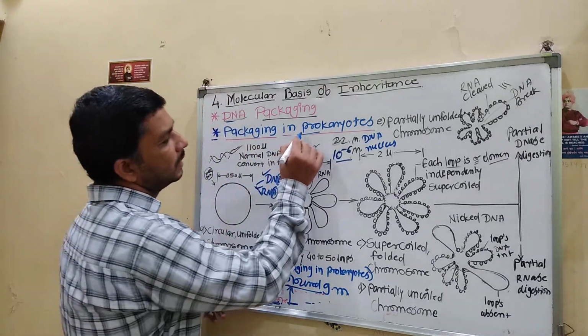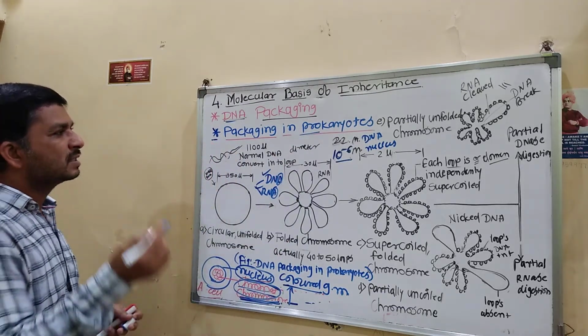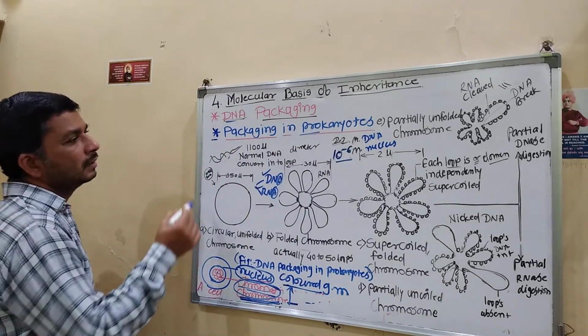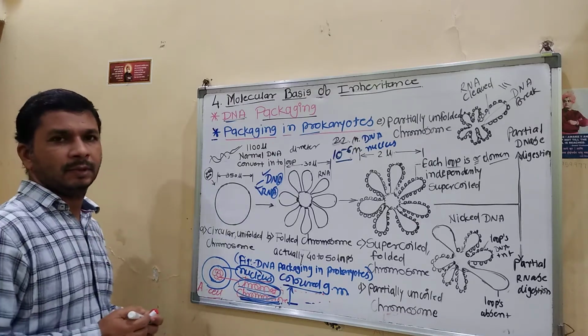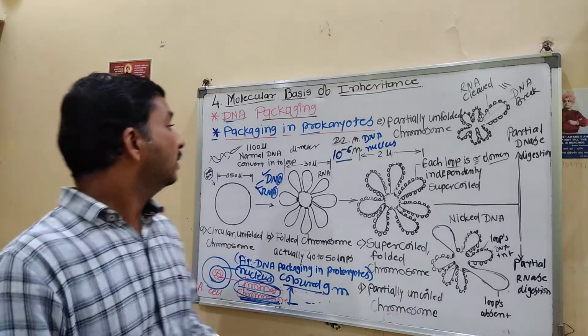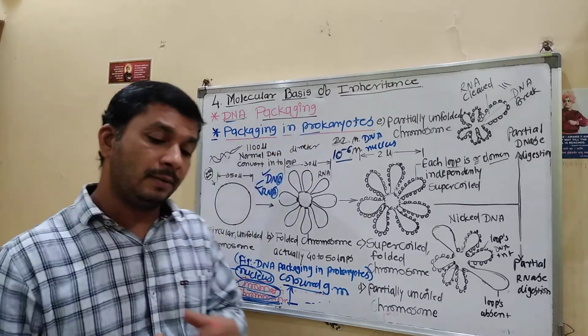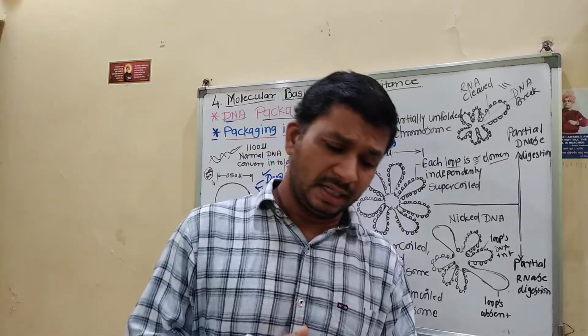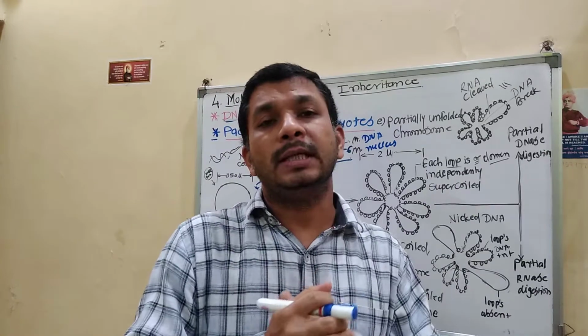Thus, that cell is called a prokaryotic cell. And inside that prokaryotic cell, what do you know about DNA packaging in prokaryotes? How is the DNA packed inside the nucleus?